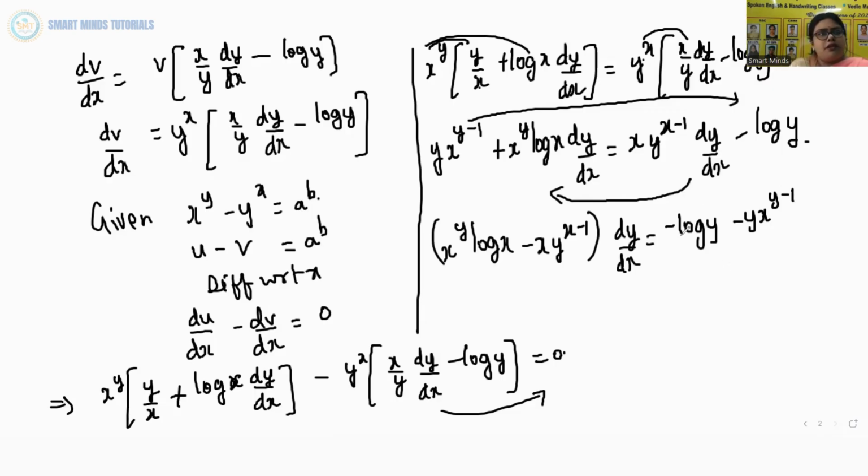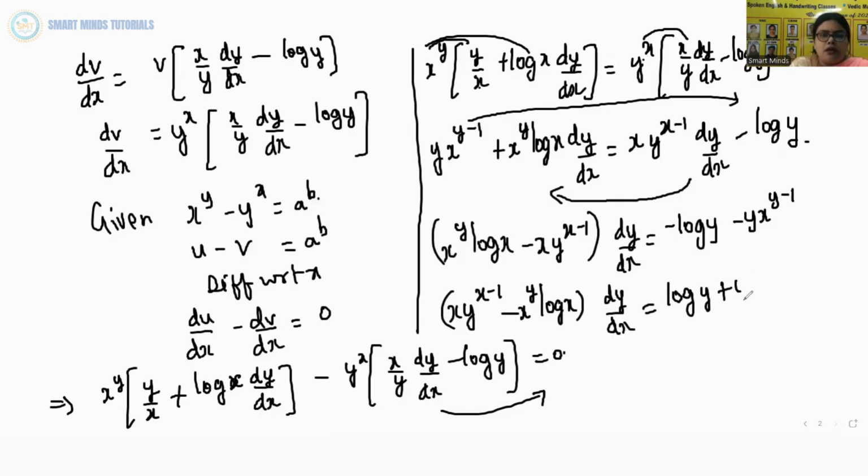So if I take minus common throughout, we will get x y power x minus 1 minus x power y log x dy by dx equals, now because we are taking minus common, both the terms will become positive. So we get log y plus y x power y minus 1.